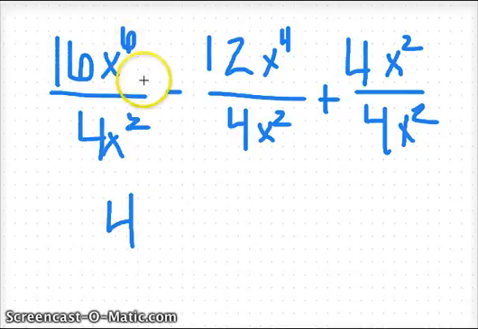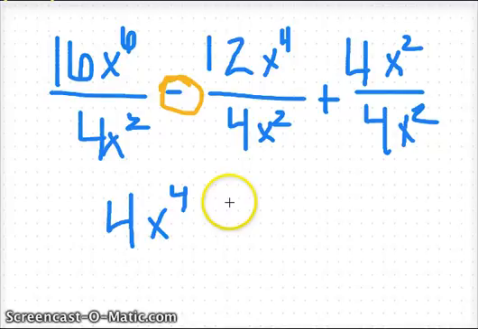So it's going to be 6 minus 2, so it's going to be x to the fourth power. And notice that we have a subtraction sign. Always remember your appropriate signs.